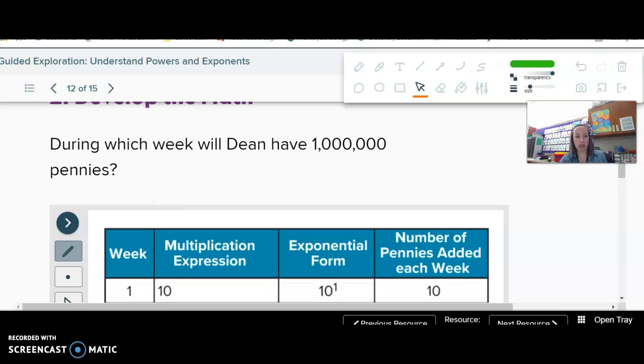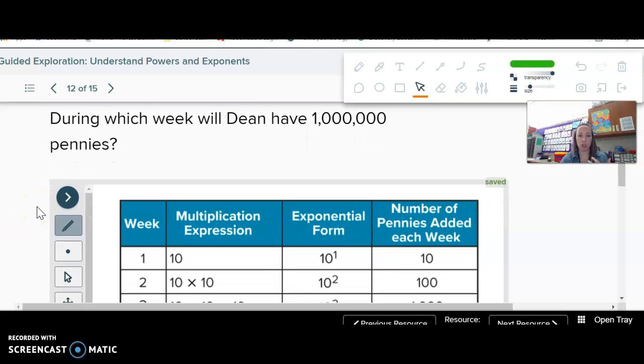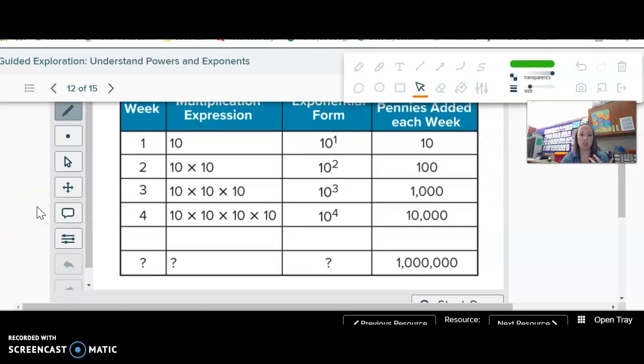Okay, so to go back to our original question, during which week will he have 1 million pennies? Well, how many zeros does it have? 6 zeros. So I know it's going to be 10 to the 6th or 6 10s. 2, 3, 4, 5, 6.